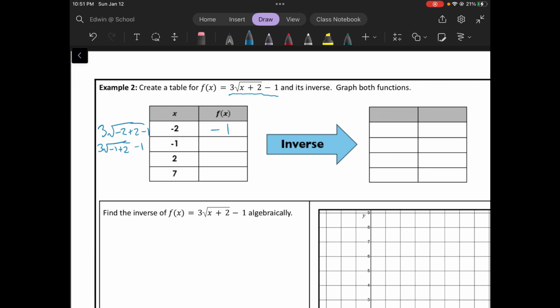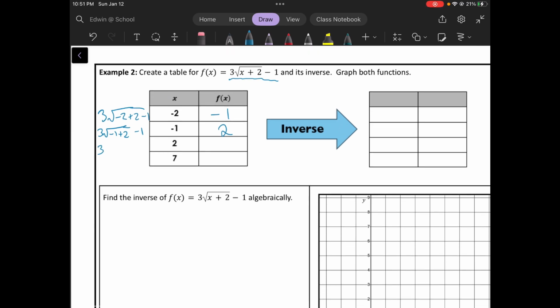Negative 1 plus 2 is 1. Square root of 1 is 1. Times 3 is 3. Minus 1 is 2. Now let's plug in 2. We're going to have 2 plus 2 is 4. Square root of 4 is 2. Times 3 is 6. Minus 1 is 5.